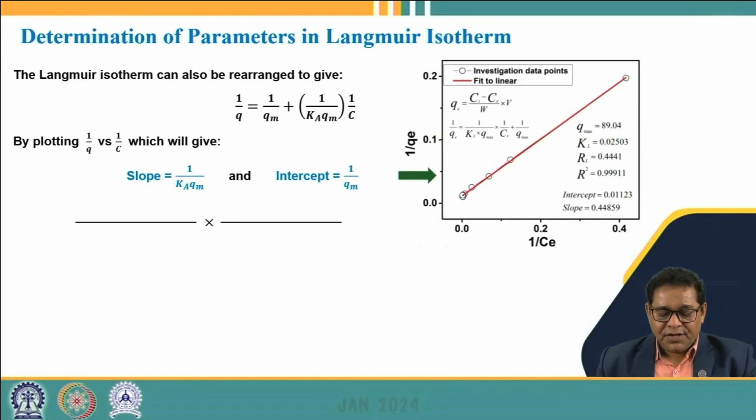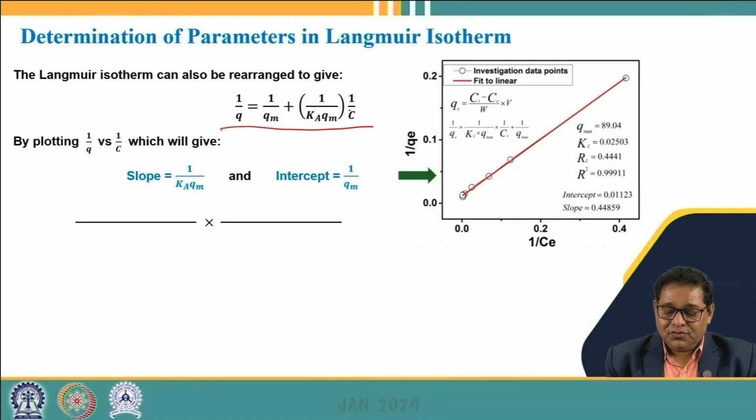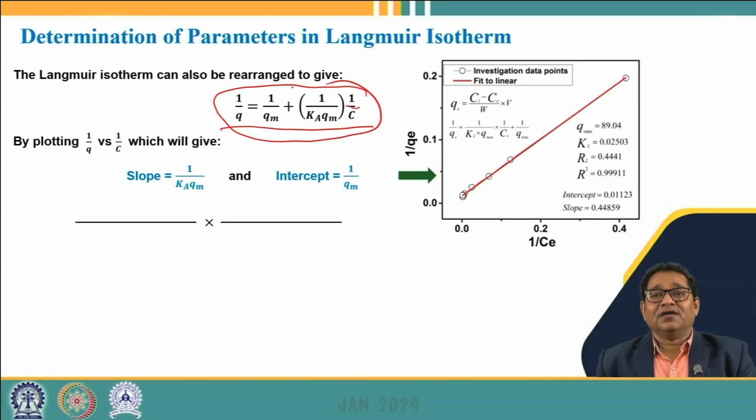If we see the linearized form of the Langmuir equation, we can rewrite it as 1 by Q is equal to 1 by Qm plus 1 upon Ka into Qm, the whole multiplied by 1 upon C. This is the equation used as the linearized equation of the Langmuir model.